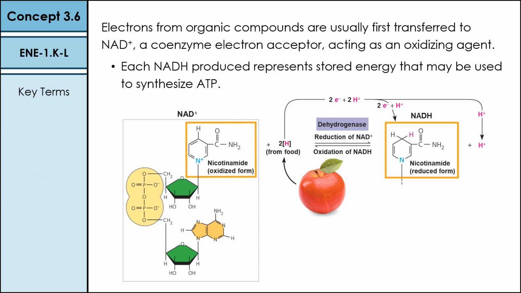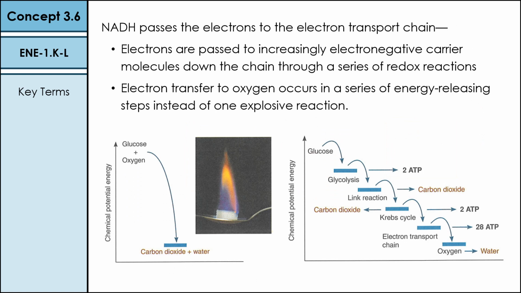Now, the reason that we use electron energy carriers is because if we just burned the materials that are going into cellular respiration straight out, we would not get as much energy as we would if we created more of a stepwise process. When we burn just a straight fuel, we have one payout.